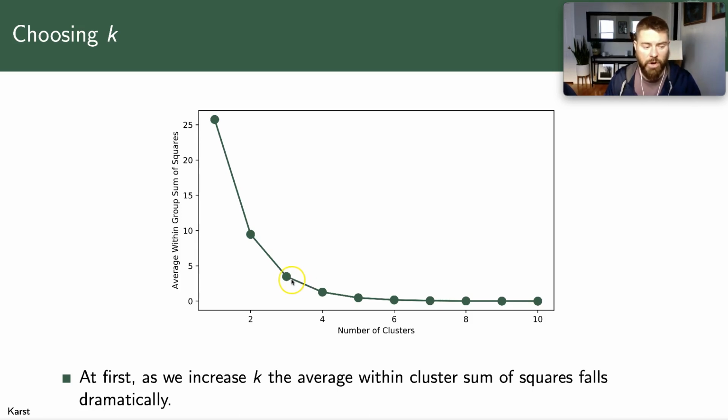And then as we go a little bit further, notice that this drop is not as big. It's not nearly as big, and that's to be expected. There are diminishing returns at some point. So what we're looking for here is this elbow. If we were to flip this curve around, you would probably recognize it as a productivity curve.